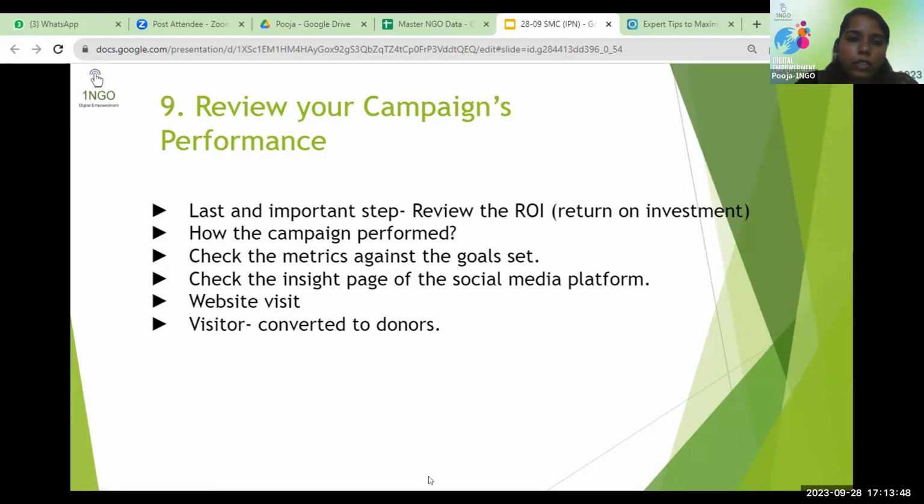So take that tool and see how the campaign has performed. Check out the metrics which you have set before setting this campaign. As I told, maybe the click-through rates or the conversions or the reach, how the post has performed, how engaging was the audience on the social media platforms.